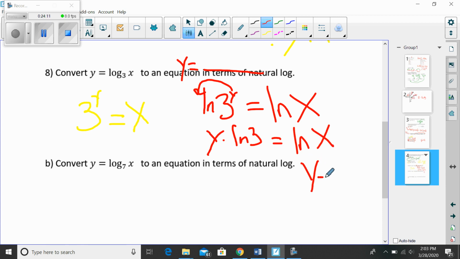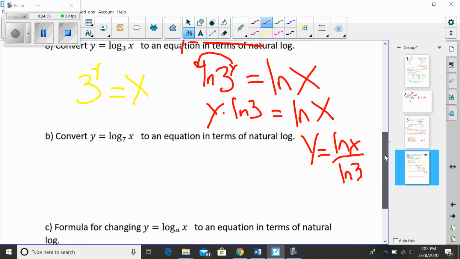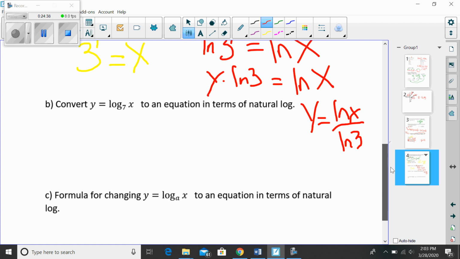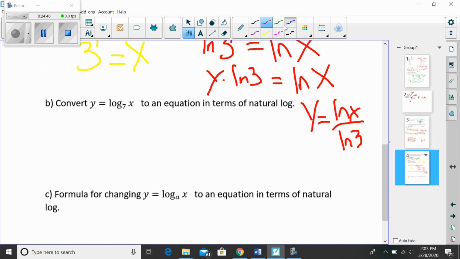So y equals natural log of, I'm sorry, natural log of x over natural log of 3. So you try to do something similar down here. If I were to write this as an exponential equation, take the log of both sides. Pause the video and try that.